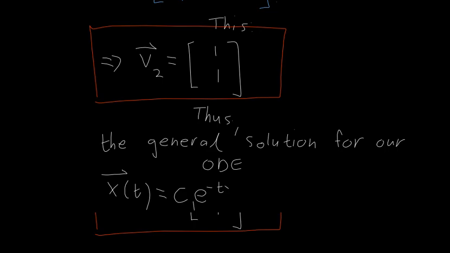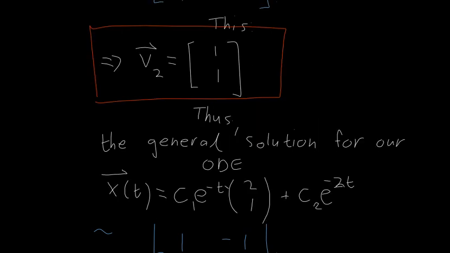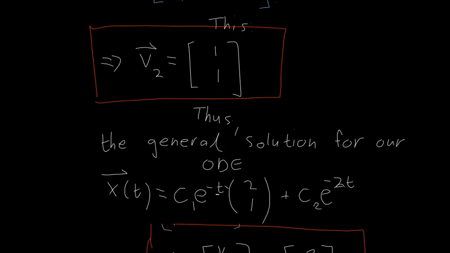That's why I put here t times the column vector of 2, 1 that we found above, that was v1, plus constant c2 times e to the power of -2t. Lambda 2 was -2, so that goes over here, times the column vector of 1, 1.